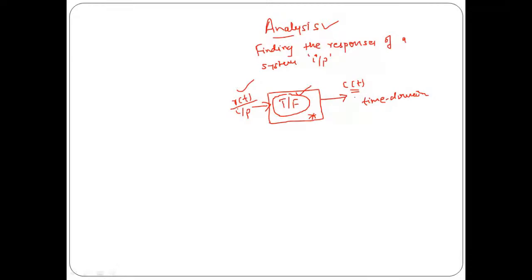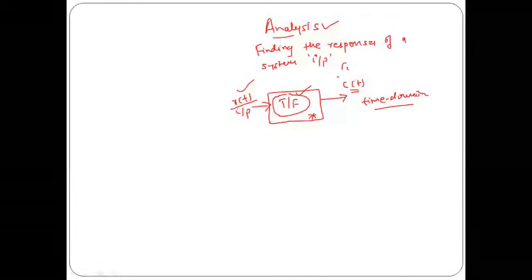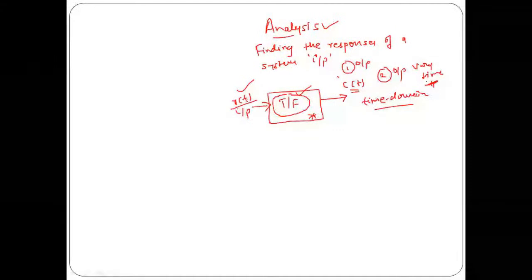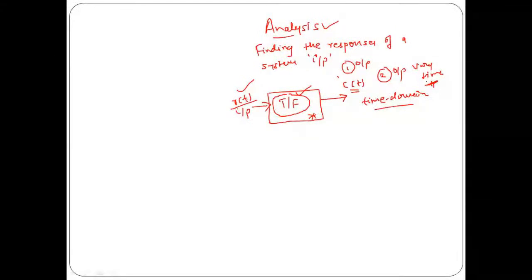That means in time domain analysis of a system, we are trying to identify that if you have a system, and to that system you are providing some input in the form of excitation, number one, how that particular system is going to generate the output, and number two, how that output is going to vary with respect to time. That is important. So that process is called time domain analysis of a control system.